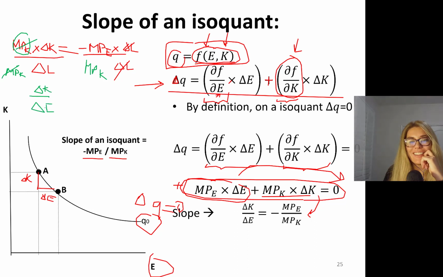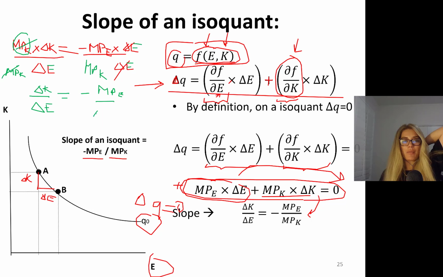I keep putting L. I'm going to switch back to E because we use E for employment, L is used for leisure. So then we have here negative marginal product of labor divided by marginal product of capital.